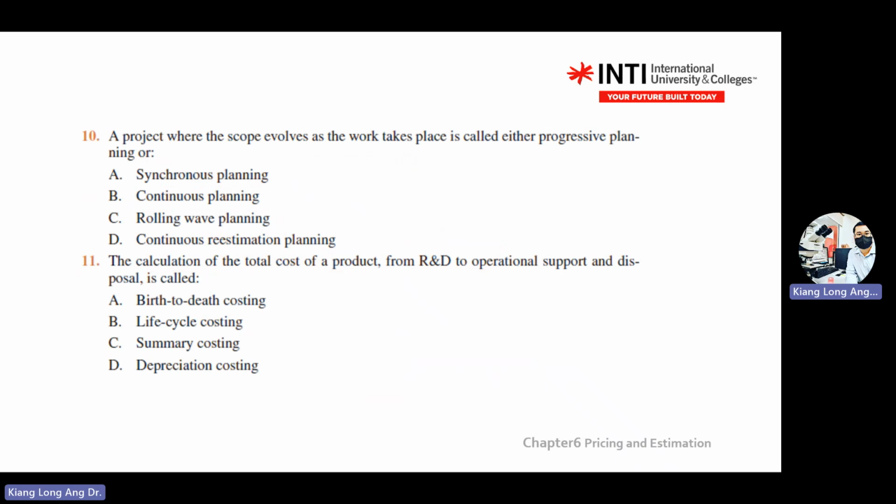A project where the scope evolves as work takes place is called either progressive planning or rolling wave. A project where the scope evolves as the work takes place means you have started the project already, but in the middle some changes happen.